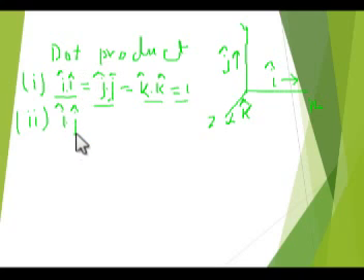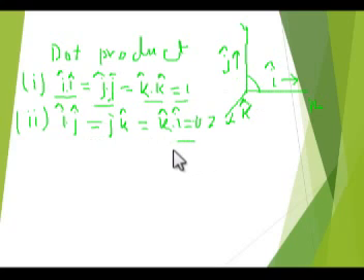So i dot j or j dot i have the same value, and j dot k, or k dot i, you can also commute them, it does not matter. The dot product follows the commutative law and must be equal to 0. Why? Because the angle among them is pi by 2, and cos pi by 2 is 0. That's why the value will be 0.